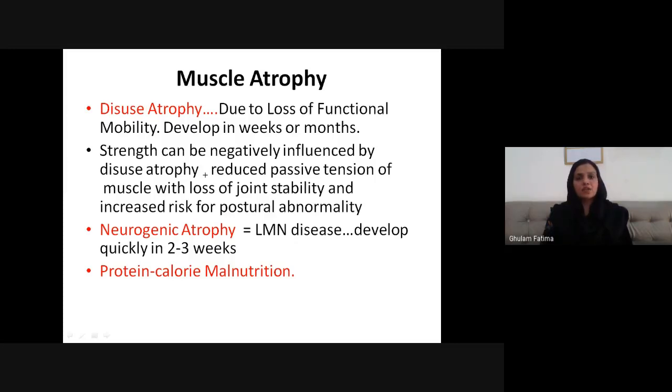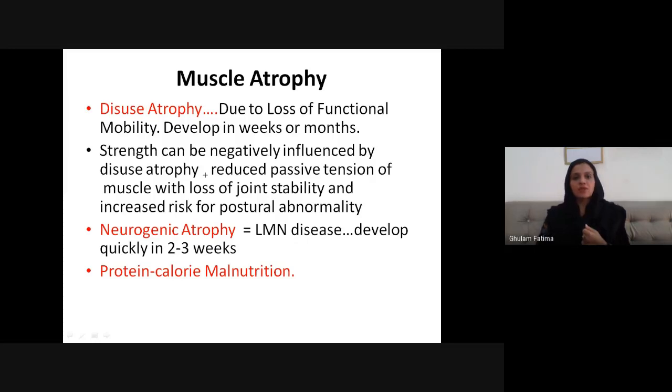As a result of loss of strength and loss of passive tension, there will be reduced joint stability. And if there is a reduction in joint stability, ultimately it will lead to posture instability. You can see an example of disuse atrophy in patients who have had POP for months and months. When the POP is removed, they have a significant loss in muscle bulk.